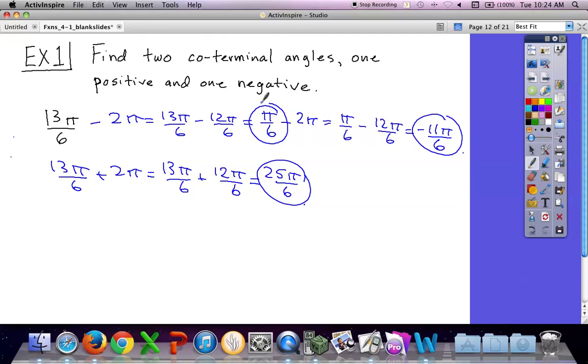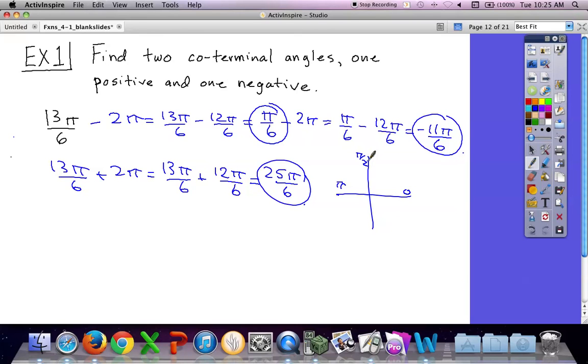Well, let's see. Remember, we said it starts in radians. It starts 0 there, and it's pi over 2 there, and it's pi there. So where am I going to find pi over 6? Is it between 0 and pi over 2, or between pi over 2 and pi? It's between 0 and pi over 2.